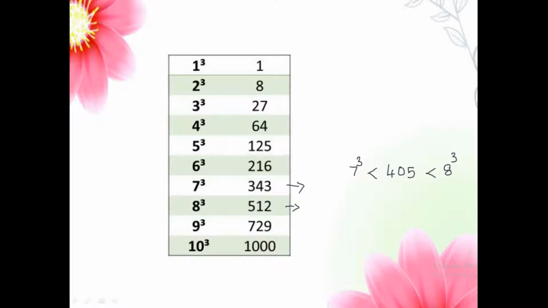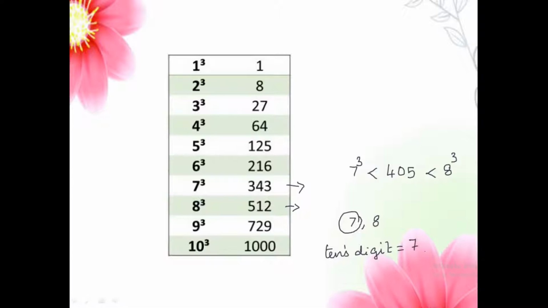So we can write 405 in between 7 cube and 8 cube. Now we have to choose the smallest digit from these two. 7 and 8, the smallest is 7. So we choose the tens digit of the required cube root as 7.